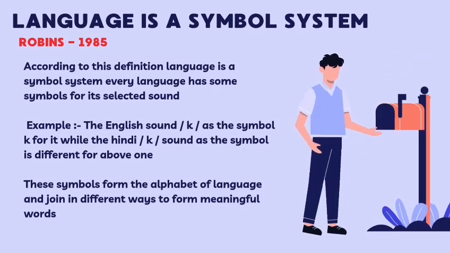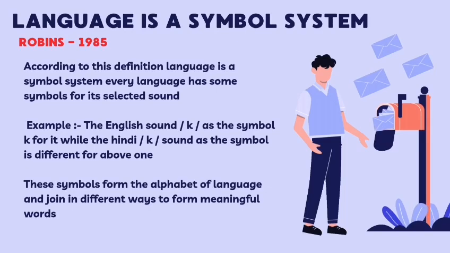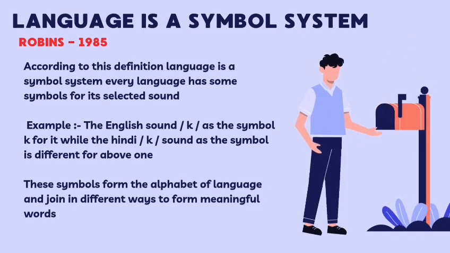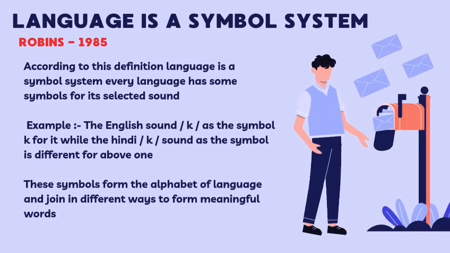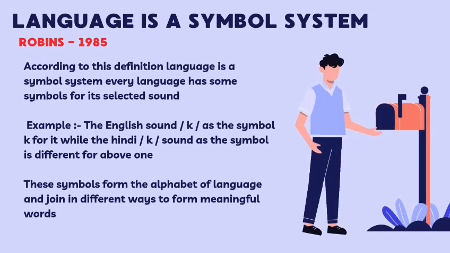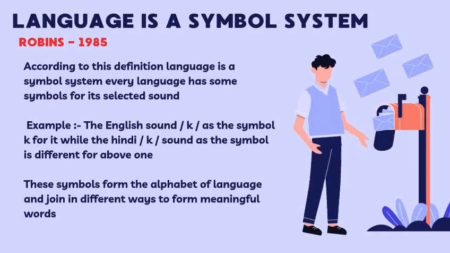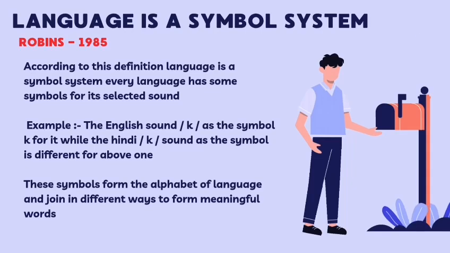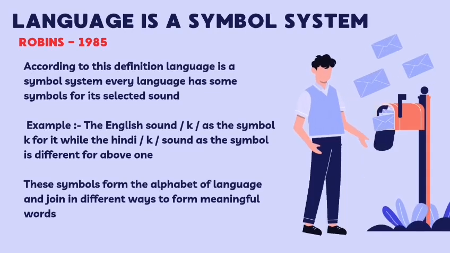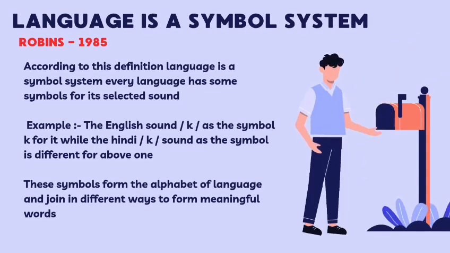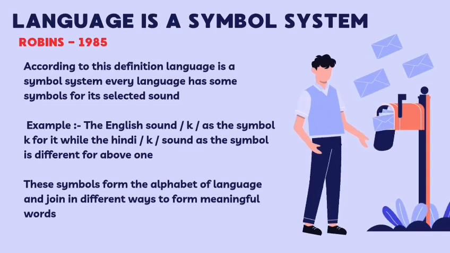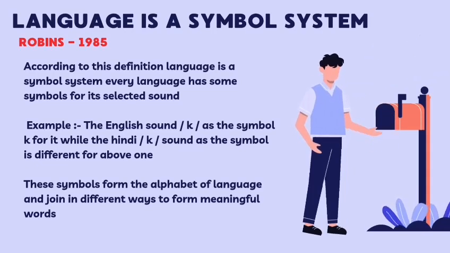Normally we know what a symbol is. When we see some information, we can quickly gather such kinds of symbols. And also, in a symbol system, every language has some symbols for its selected sounds.